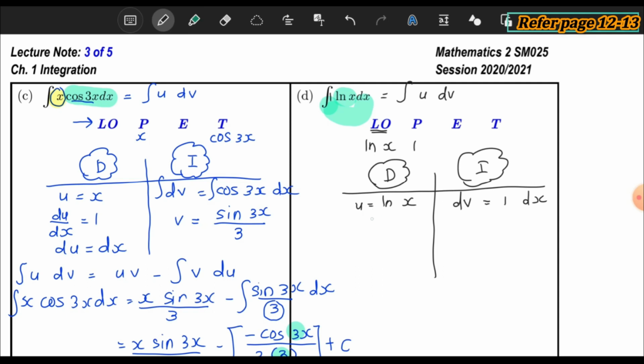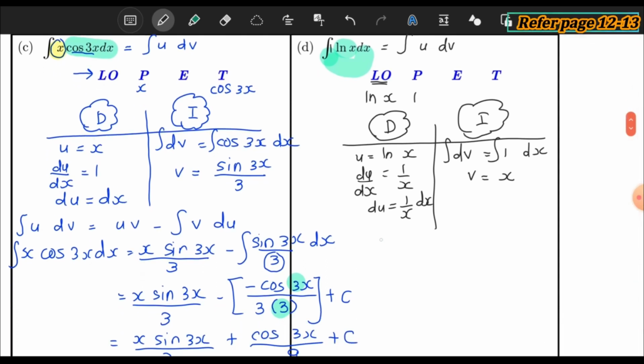Differentiate u equal to ln x, we will get du dx equal to 1 over x or du equal to 1 over x dx. For dv, we need to integrate dv to get v. We need v to substitute into the formula for by parts. Therefore, v equal to x.